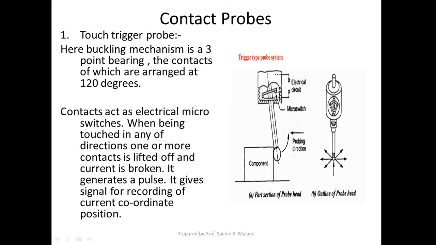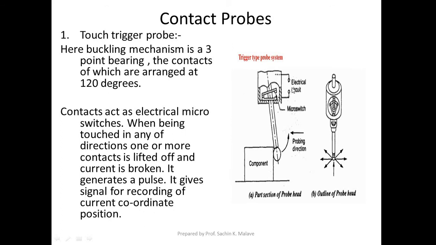As it lifts off, this electrical circuit gets broken. The current flowing through this circuit is broken, and it generates a pulse. You can see as the circuit is broken, a pulse is generated. So this pulse gives the signal for recording the current coordinate position.